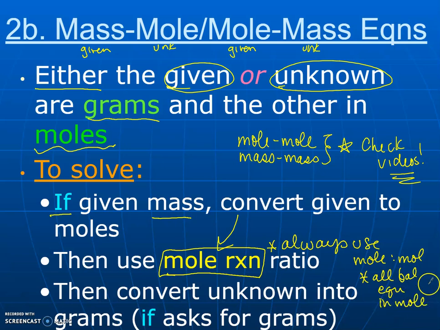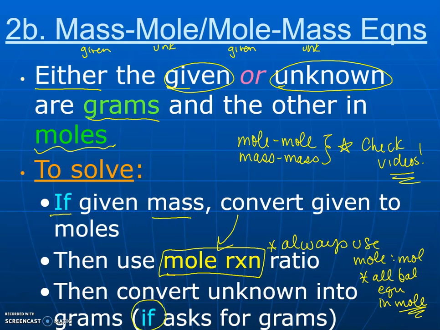That's why, in these problems, we always have that unit of mole. And then if you are in moles of your unknown, you stop. If your problem asks you to go to grams of your given or your unknown, I'm sorry, I misspoke, then you would do that final step.